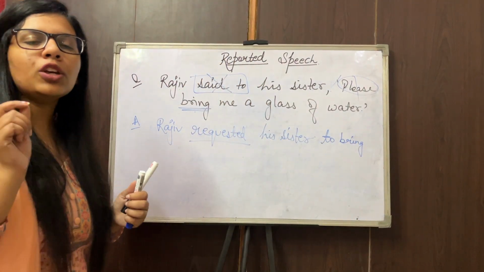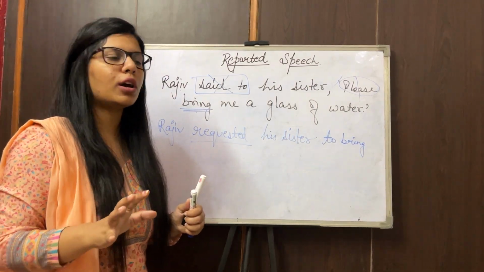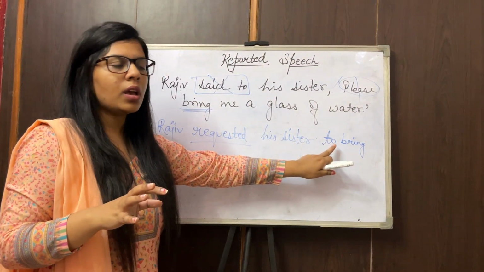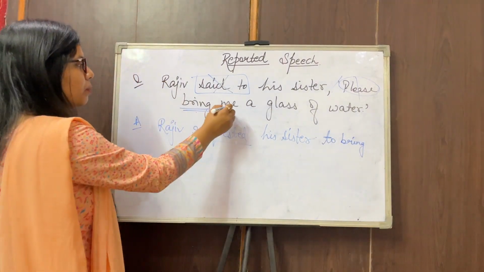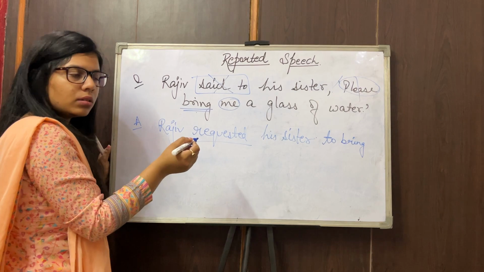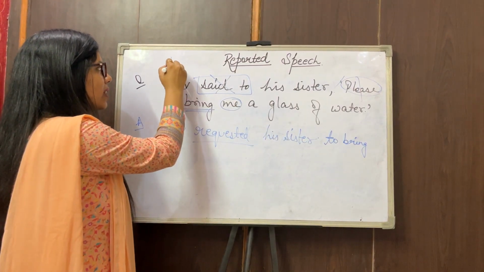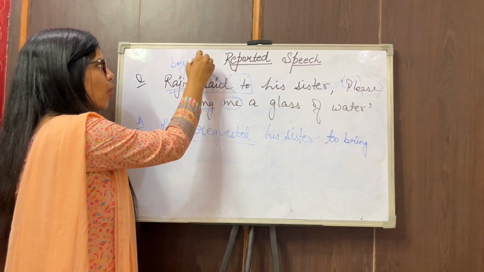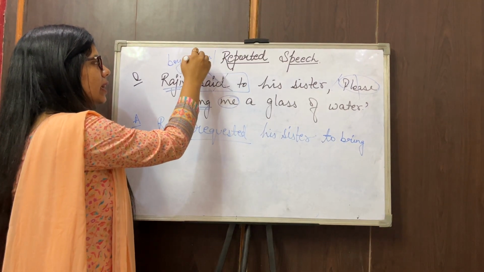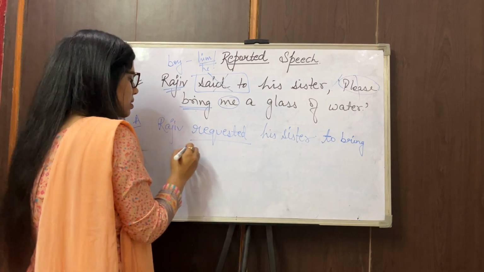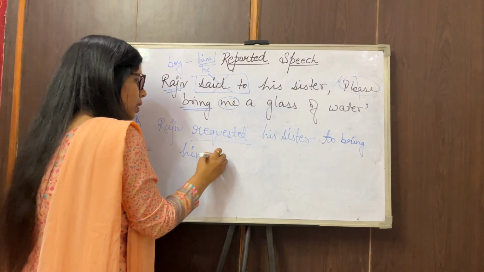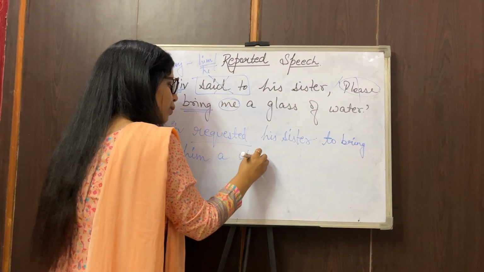Again, I am reminding you, you will not use the second form or third form of the verb with to. The first form of the verb will come as it is. Bring me. Who needs a glass of water? Rajiv. Who is Rajiv? A boy. With a boy we use the pronoun he or him. So here it will be him. His sister to bring him a glass of water.